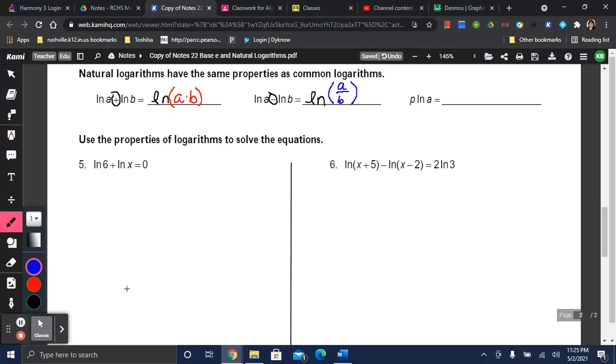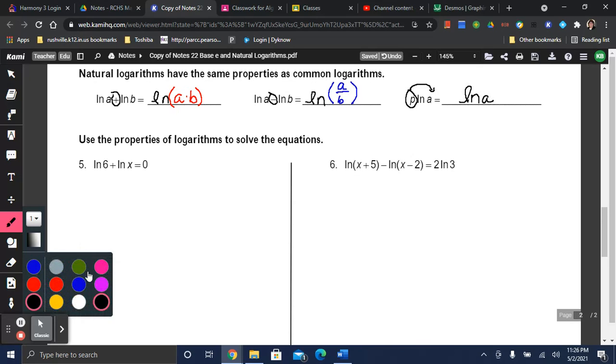And then finally, if you have a number multiplied by a logarithm, that number can become a power of the argument, so that you would have the natural log of a with a power of p.